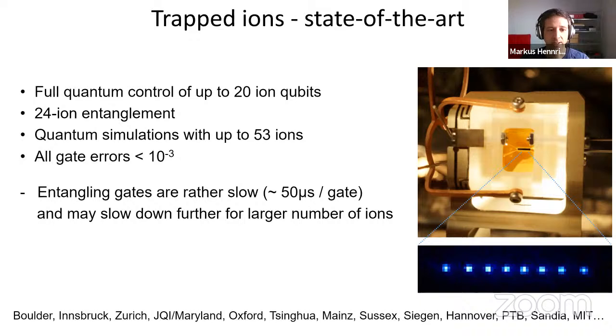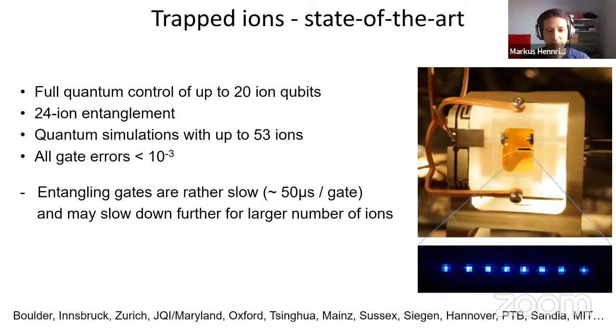And all gate errors, single-qubit and two-qubit operations, have been demonstrated below an error of 10 to the minus 3. Oxford and NIST in Boulder have done really high fidelity gates and demonstrated errors smaller than 10 to the minus 3.